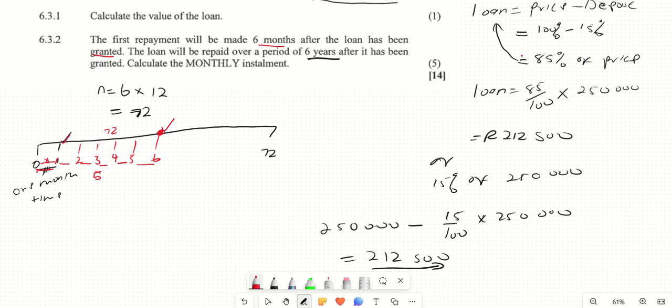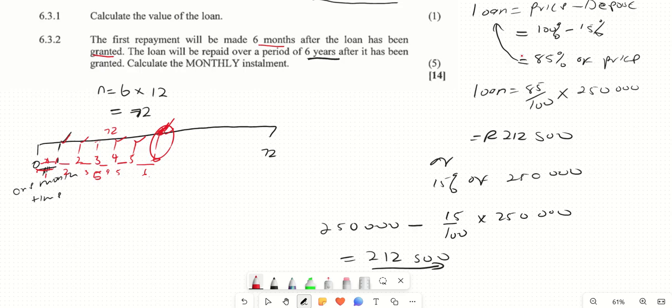You count them as 1, 2, 3, 4, 5, 6. So this is after 6 months, and the loan was paid here. Out of the 6, the person missed 5, because this is where the loan started to be paid after 6 months.